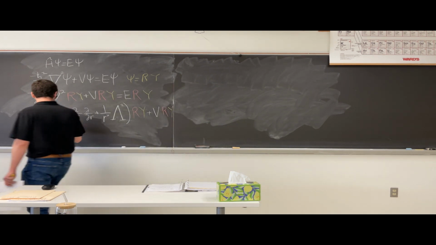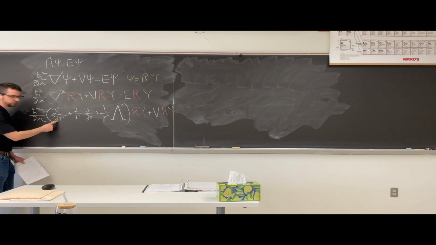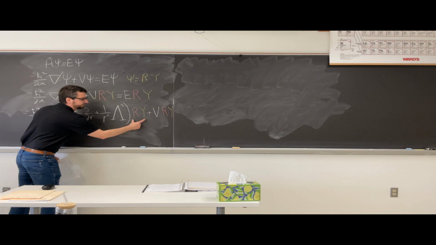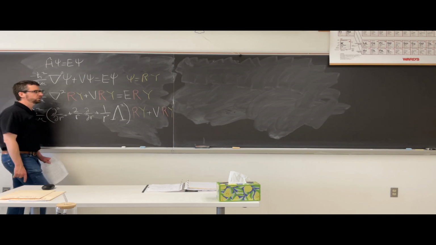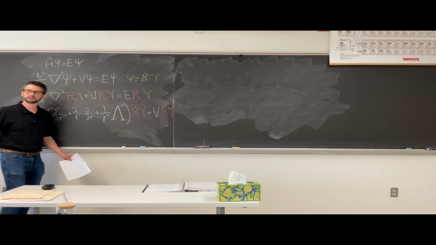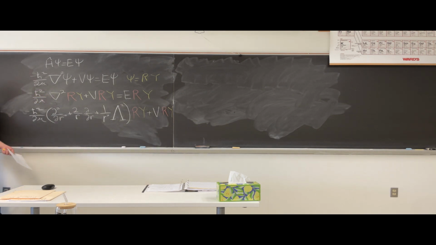So what I mean by that is if we take the second derivative with respect to r of both of these guys, which one do we really only have to worry about? Yeah, capital R. Why don't we have to worry about this Y? Yeah, it depends on theta and phi, so it really is just counted as a constant.